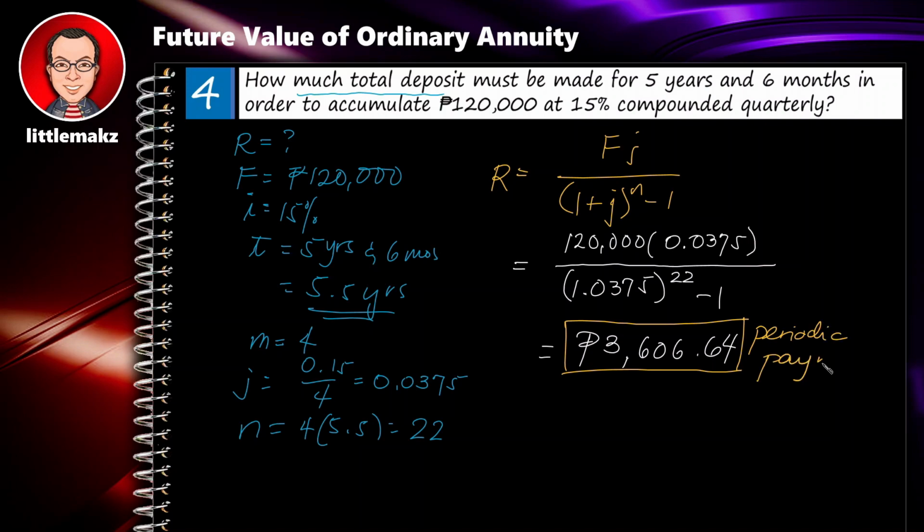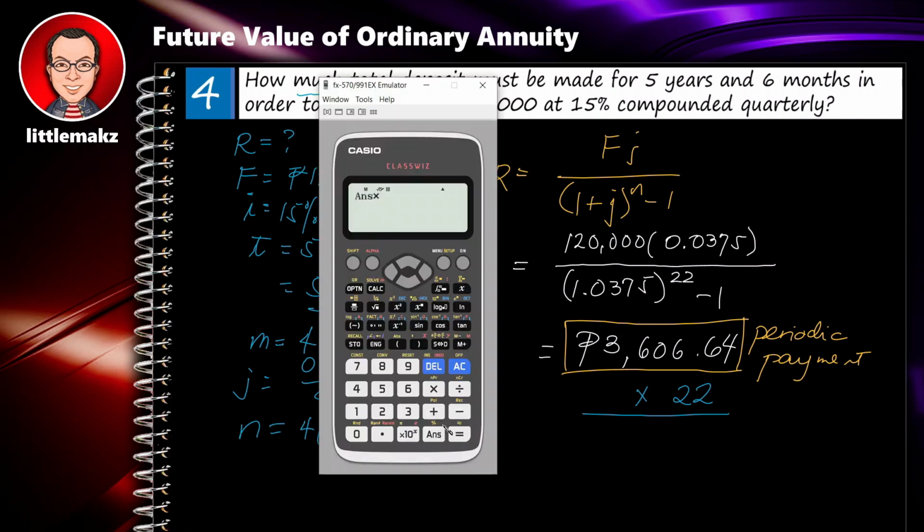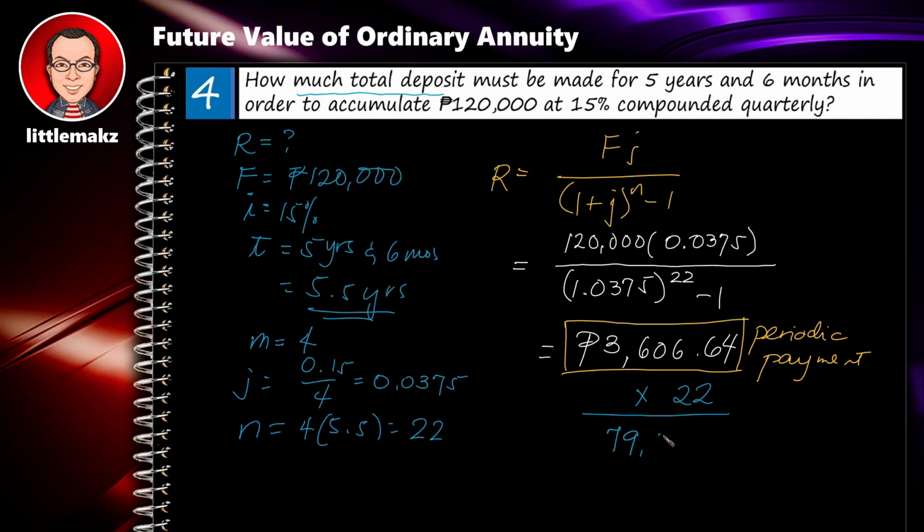But we have still to look for the total deposit that would be made after 5 years and 6 months. We multiply this now by the number of periods of payments, that is 22. And we just simply multiply this by 22, and we have 79,364 pesos.